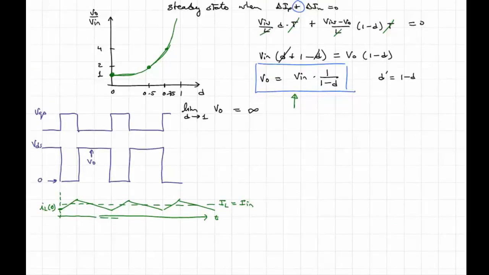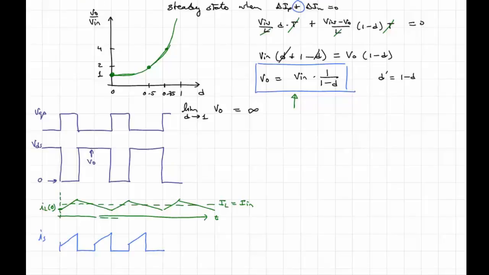Furthermore, we can plot the diode, or the switch current, as looking like this here. It'll jump up here. So this is going to be I of the switch.